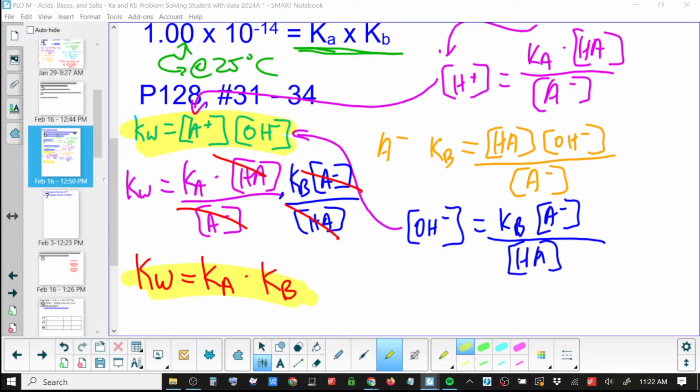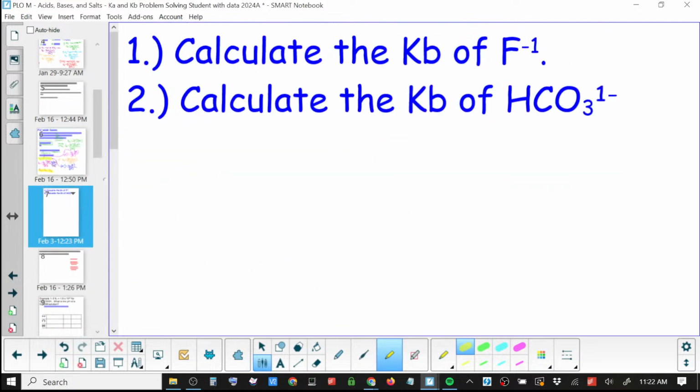So, using this newfound knowledge, we've gone to the board a lot. Would you like to just work where you are? Okay, calculate the KB of F minus and HCO3 minus.